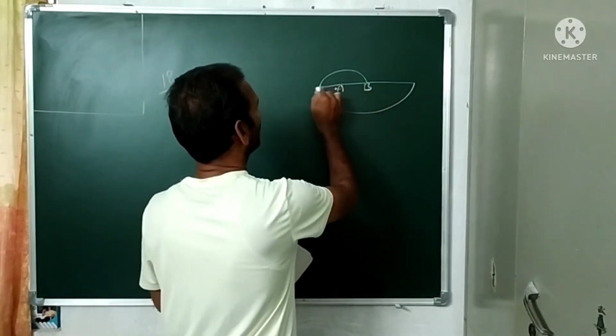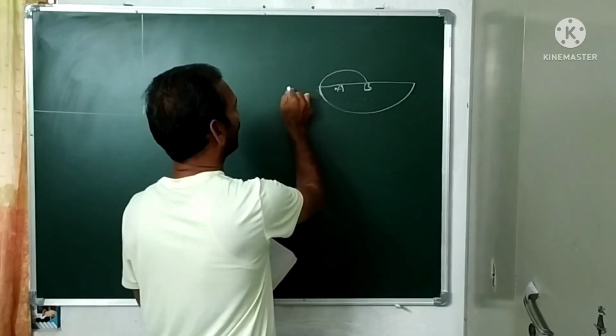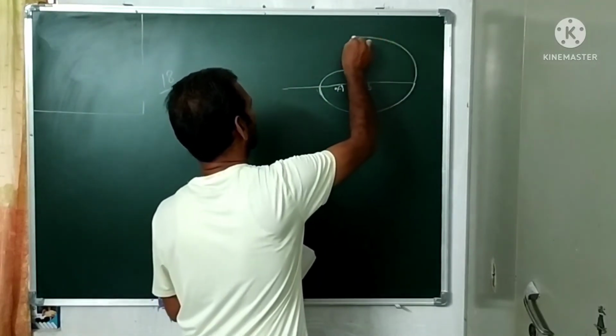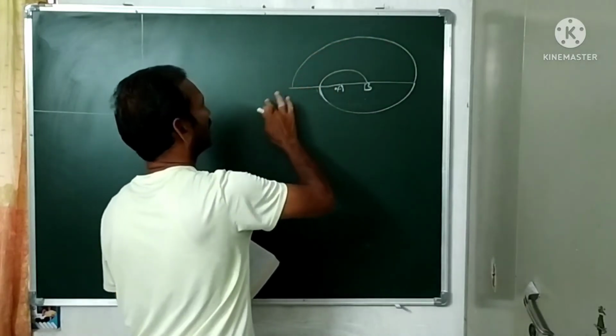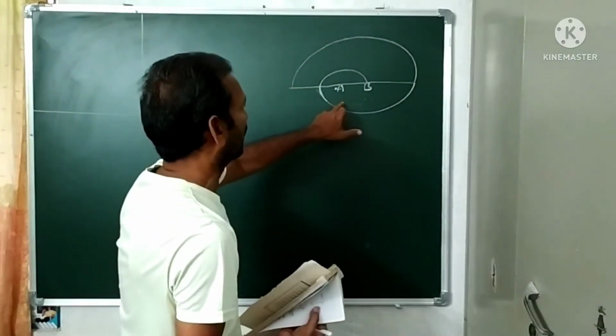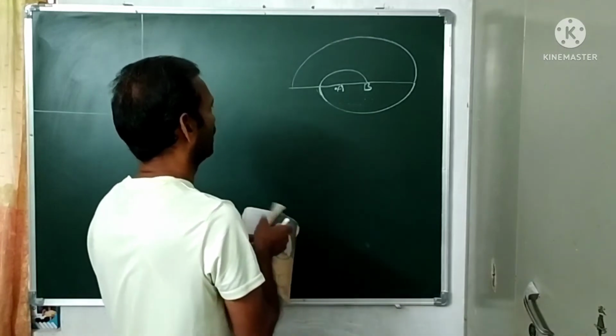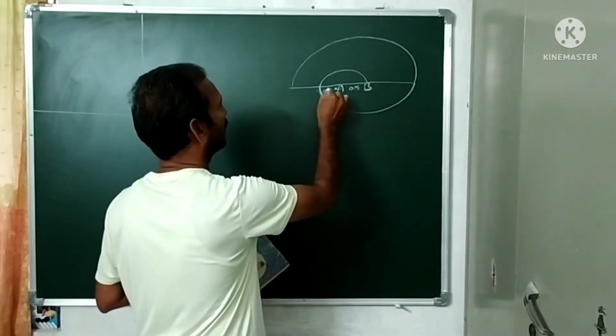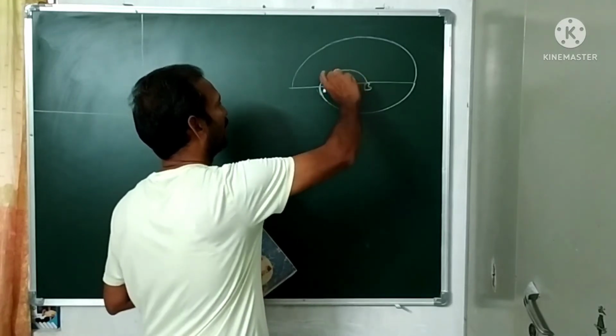Now, still from A, 1.5. Continue like this, increasing. From A, 0.5. So here to here what? 0.5. Here also 0.5. One semicircle drawn like this.